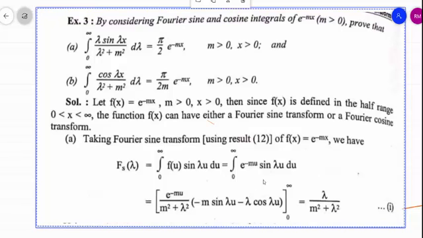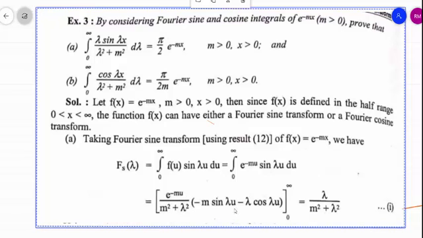With the help of this integration formula we get this equation, and just substitute the limits. These are the limits of u, because we are integrating with respect to u. Upper limit u equal to infinity: e raised to minus infinity means 0, so the whole term will be 0.